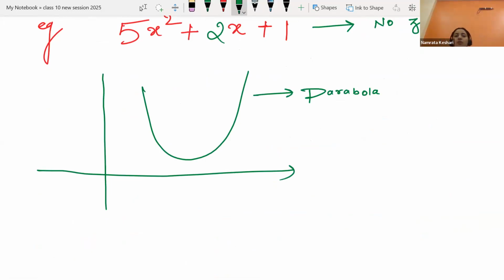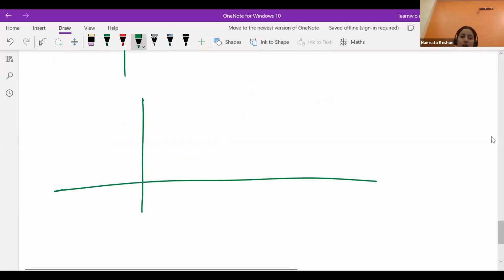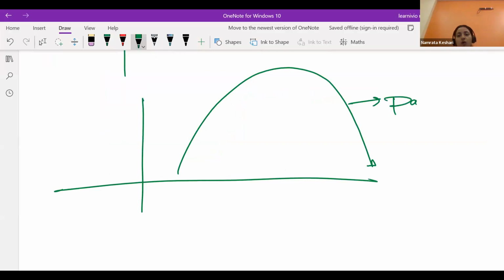You should note it down that whenever we will be plotting the graph of a quadratic polynomial, it will be a U shape, which is a parabola. If you have seen a cricket match, you must have seen the path of the ball. It traces like this. Have you noticed that? Yes, ma'am. That path has a name, it's called a parabola.